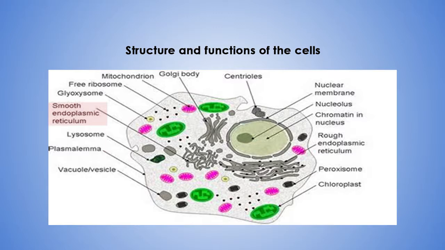We have smooth endoplasmic reticulum, free ribosome, mitochondrion, Golgi body, centrioles, nuclear membrane, nucleolus, chromatin in the nucleus. We have rough endoplasmic reticulum. We have chloroplast. We have vacuole or vesicle. These are some of the parts you find on a typical cell.